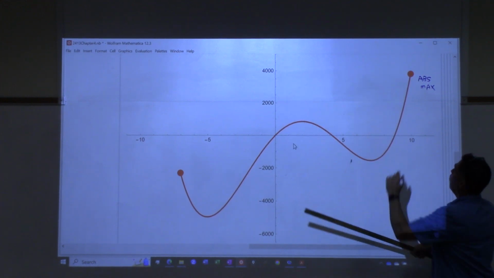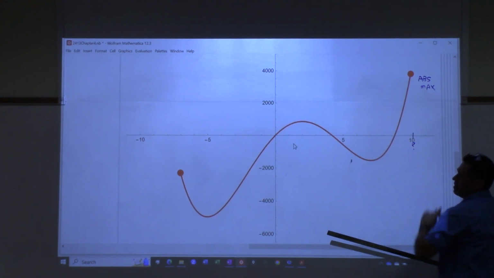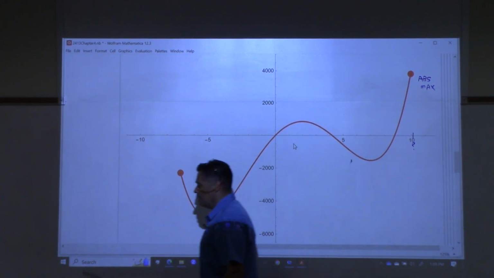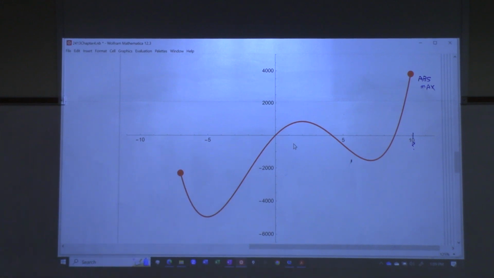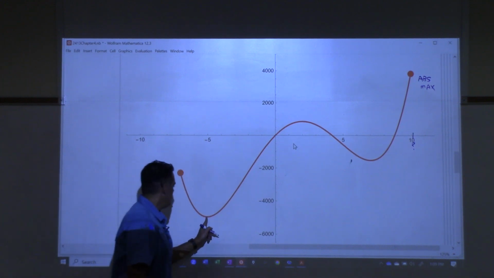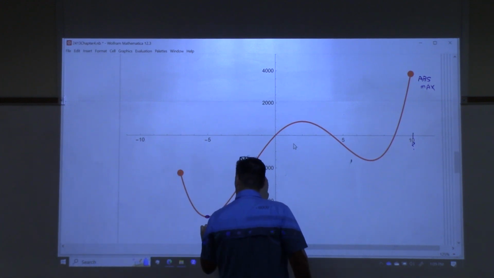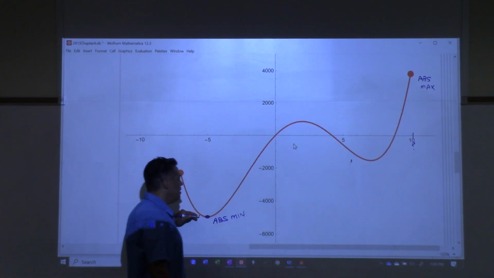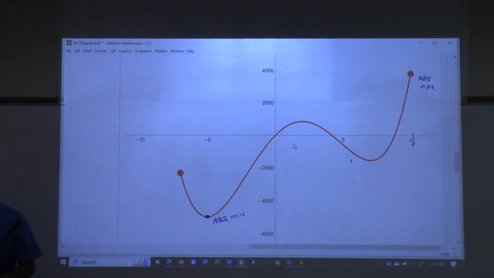And where it occurs, I don't know, that's some value that I could maybe figure out. That'd be an absolute max. Does it have an absolute min? Where? Looks like about -5. So right here at the bottom of this little valley, that point's an absolute min. That's the lowest point on the graph. That's the highest point on the graph.